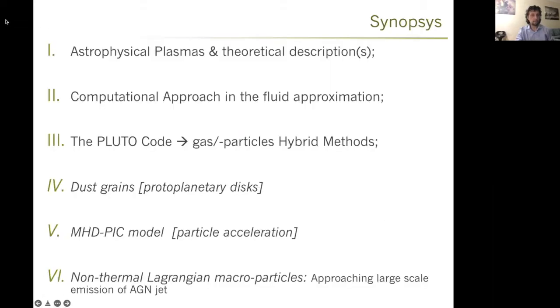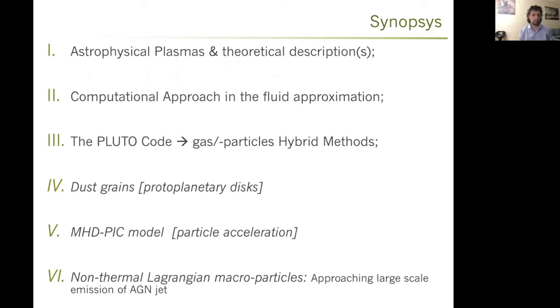Let me just do a brief synopsis of what the talk is going to be all about. In the first part, I would like to introduce astrophysical plasmas and the theoretical description behind them. During the second part, we will talk about the computational approach that is mainly used in the fluid approximation. Then I will briefly mention the PLUTO Code, what it can do, and also the gas-particle hybrid methods.